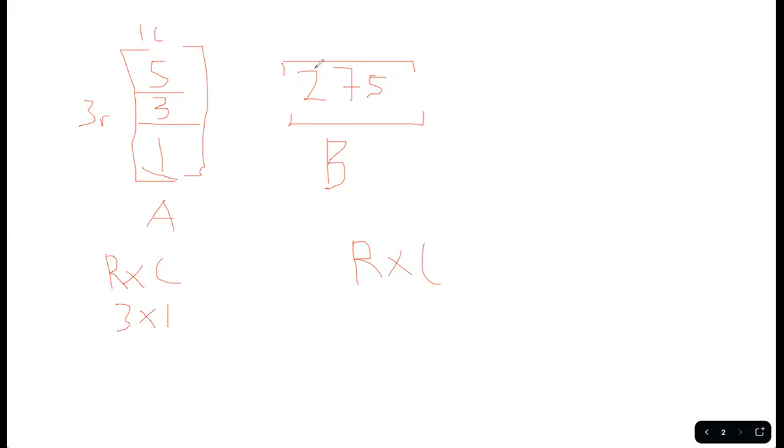And then we also have a column, 1, 2, 3 here, so here is 3. Then we have only one row, so here is 1.